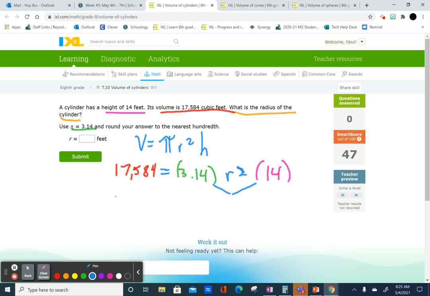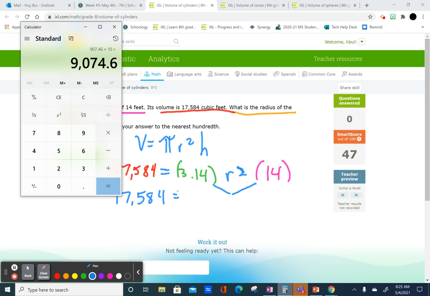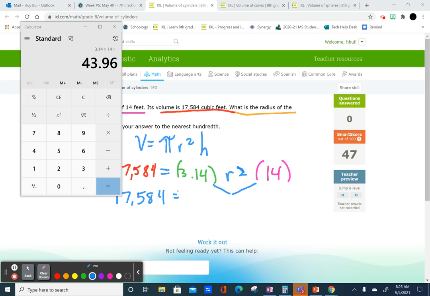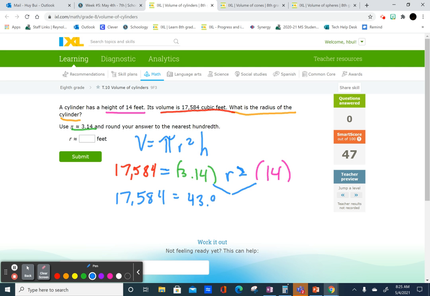So I'm going to rewrite everything: 17,584 equals 3.14 times the height, 14, which is 43.96, and then we're looking for a radius squared.